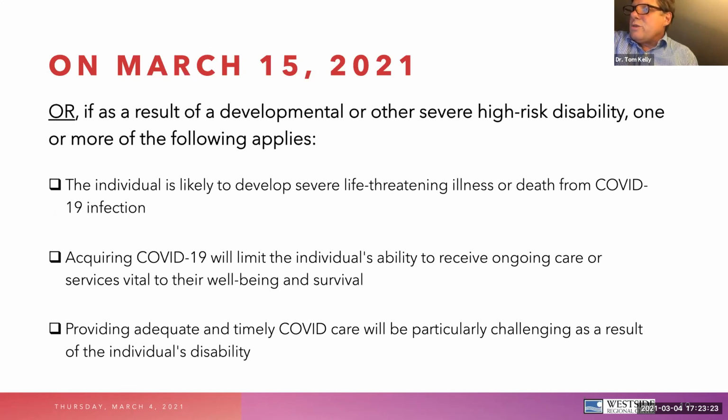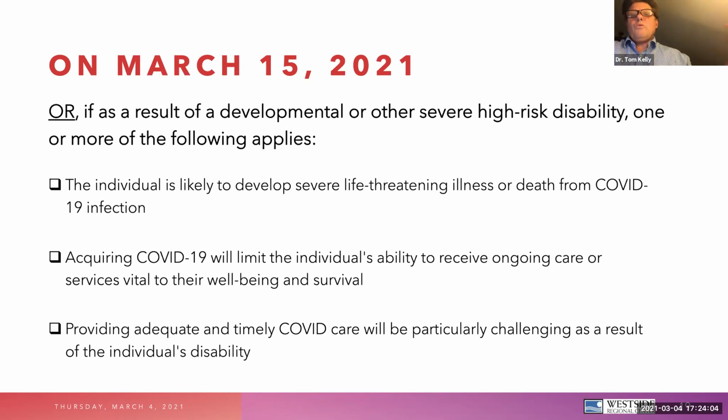Individuals may be more reluctant to seek healthcare, may have challenges with language and communication skills, may not be able to communicate the severity of their condition, may not be able to access healthcare as needed, and are at a greater risk for all sorts of environmental barriers and challenges, as well as a greater risk for medical conditions. So on March 15th, they're going to include individuals within our population, which is fantastic news, and very welcome news.